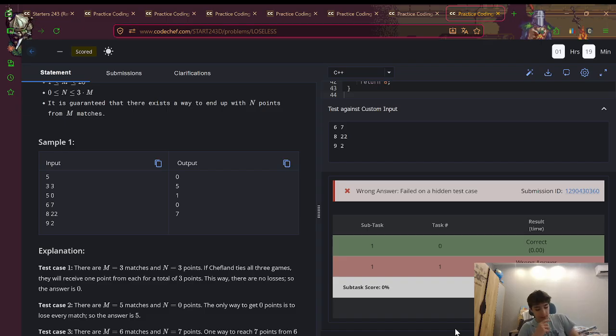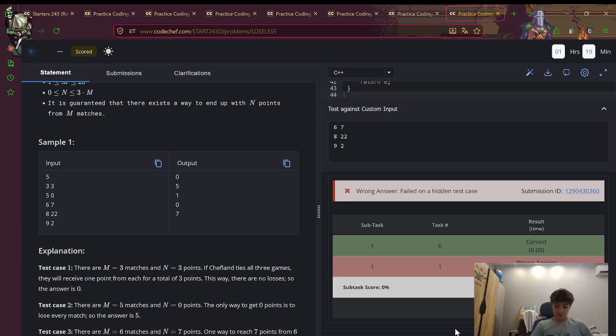Okay, for example, I check 3 and 6. There is going to be 2 wins. No, for example, then it means 1 match left and it's 0. No, it's impossible. But it's possible that I will lose 1 match.